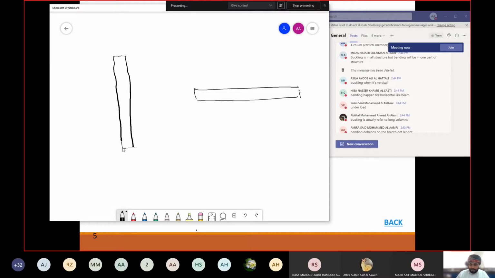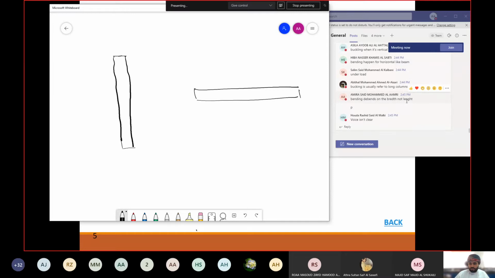Normally we have major and minor axes. If you see the beam, this is my major axis, which is along the beam.